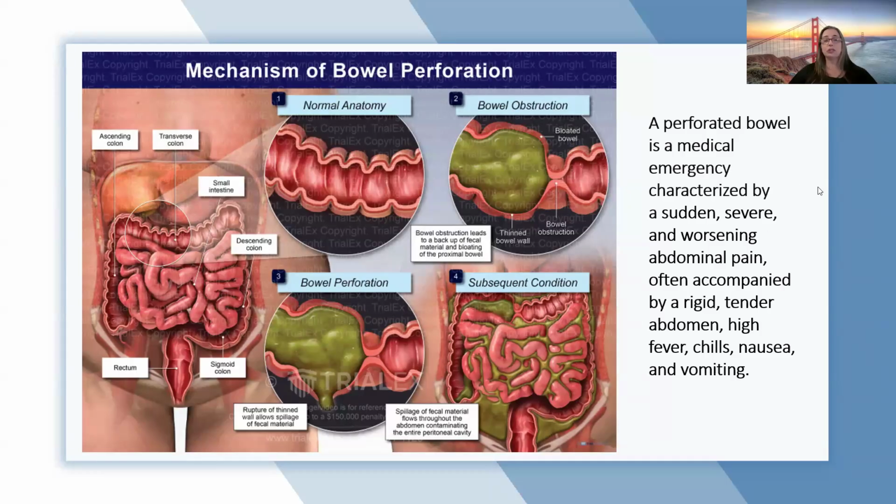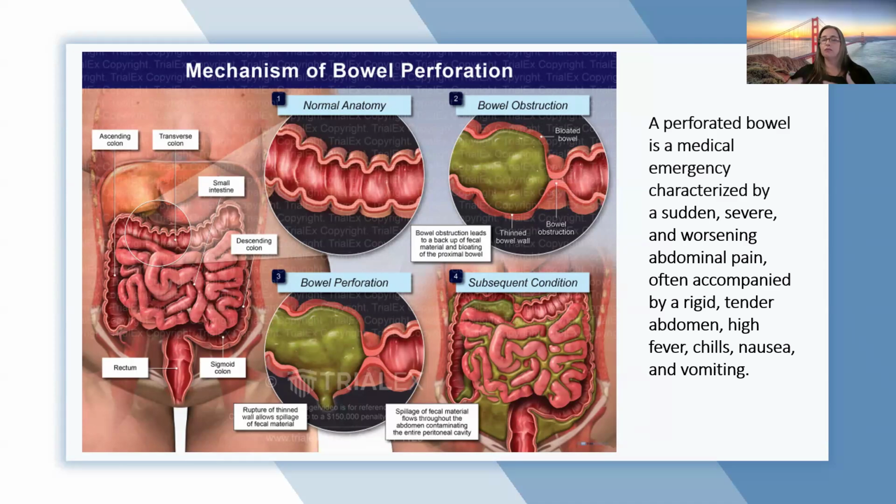If there's a perforation, what you would see, other than the other symptoms that might be occurring because of a bowel obstruction or appendicitis, right? We hear about appendix bursting, same sort of scenario. But you'll see a sudden worsening and severe abdominal pain, bent over, rigid abdomen, crying.